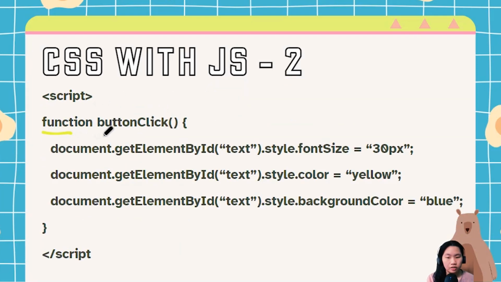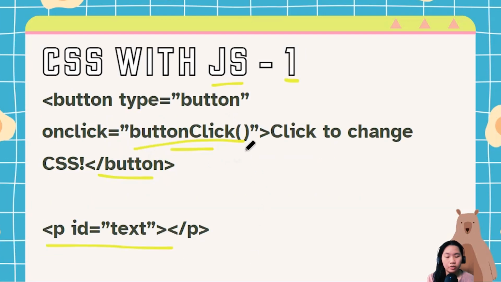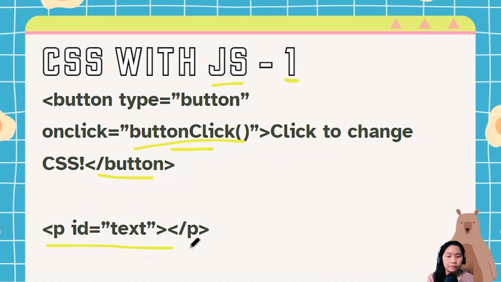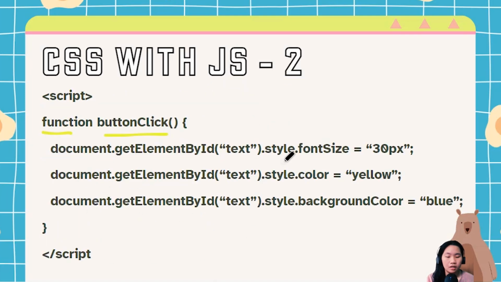We have function buttonClick, just like over here in the button. document.getElementById text. Okay, so it's referencing our small little p tag over here. style.fontSize. Do pay attention to the camel case, but you don't have to do that if it's only one word.